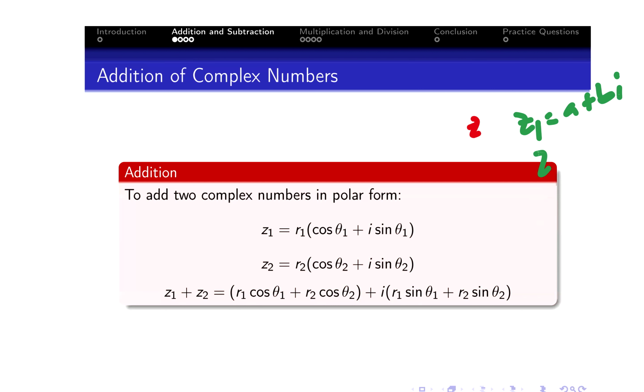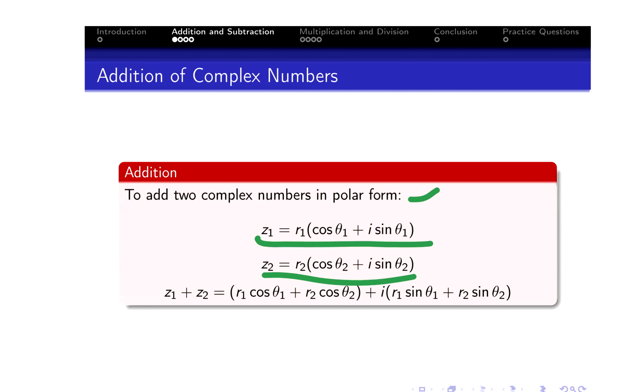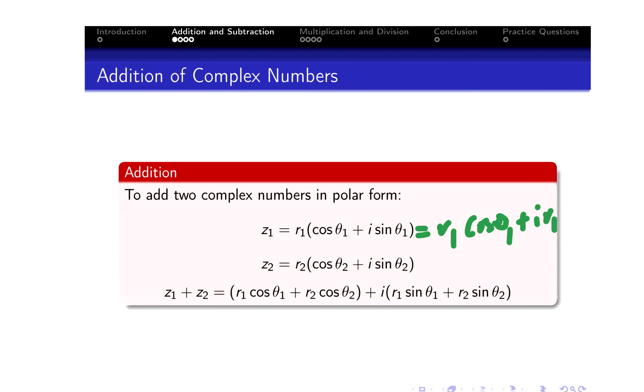To add two complex numbers in polar form, you have the first one, Z1, is R1 cos theta 1 plus I sin theta 1, and Z2 is R2 cos theta 2 plus I sin theta 2. So Z1 plus Z2 is just straight addition. If you expand this, you have R1 cos theta 1 plus I R1 sin theta 1, and R2 cos theta 2 plus I R2 sin theta 2.